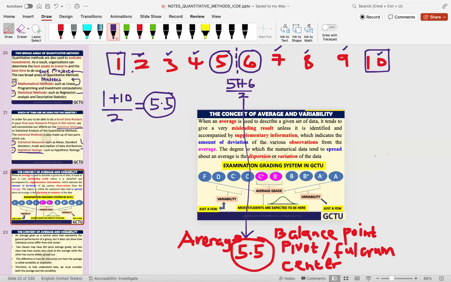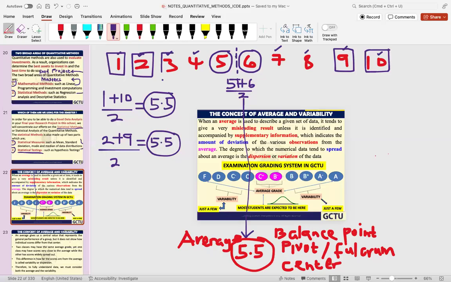When you pick 2 and you pick its opposite, 9, and you put them together, 2 and 9, and you divide it by 2, you have again 5.5 as representing 2 and 9.